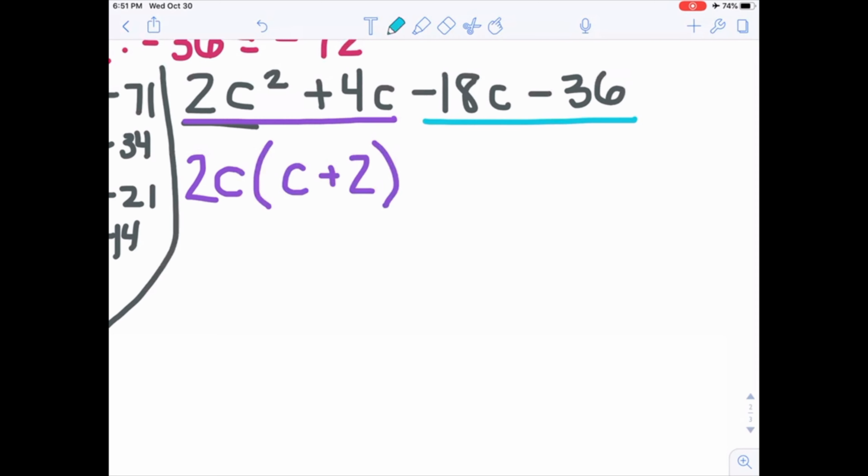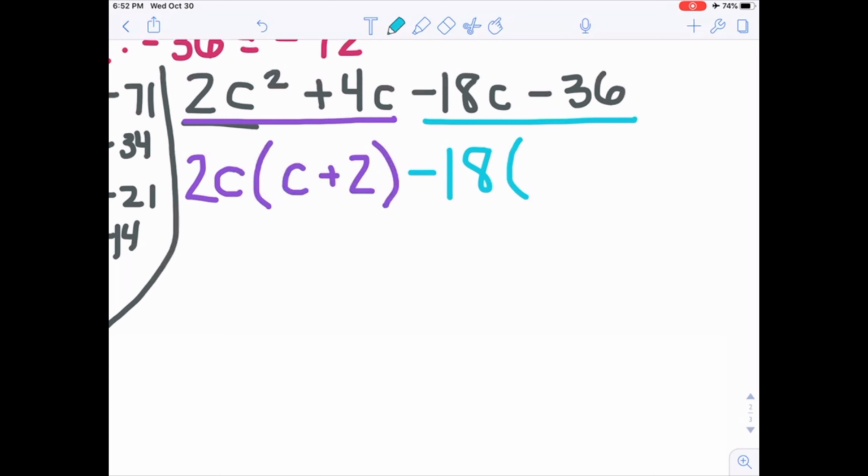Negative 18c minus 36. What number do they both have in common? Or what's the factor that goes into negative 18c that also goes into negative 36? If you're not sure, start plugging things into the calculator. You'll automatically see that negative 18 is the common factor.